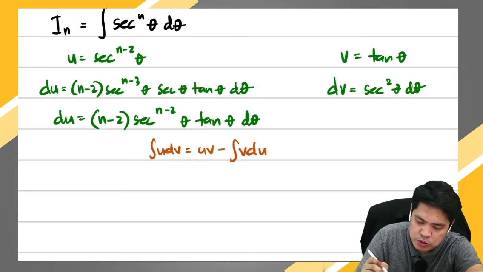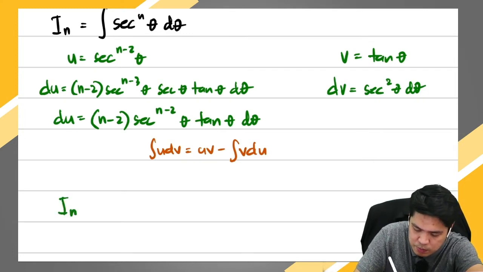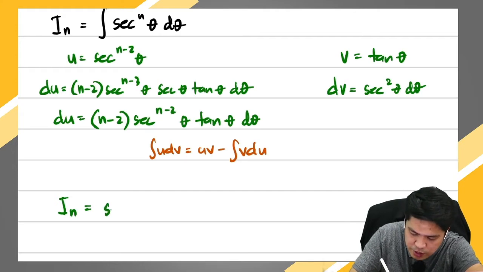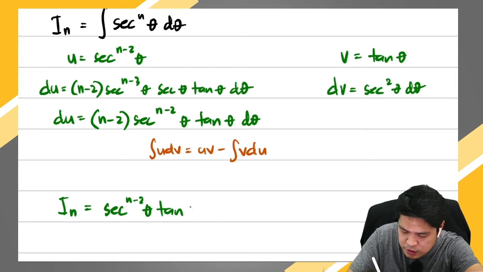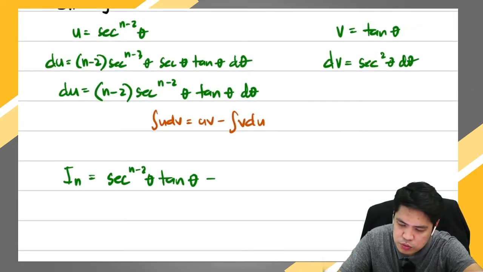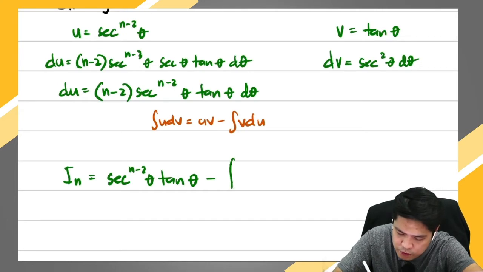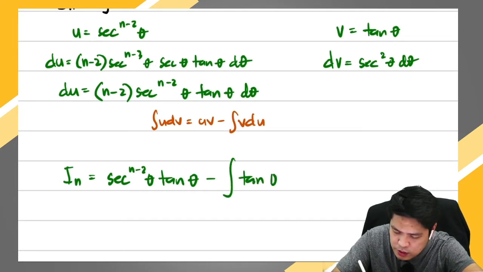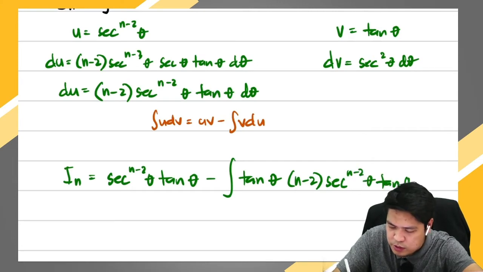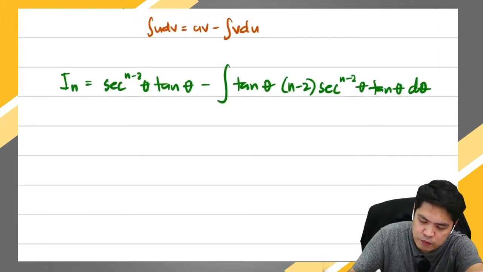So, substitute na tayo, we'll have I sub n is equal to uv. So, we'll have secant raised to n minus 2 theta tangent theta, then minus v du. So, v du, we'll have tangent theta times n minus 2 secant raised to n minus 2 theta tangent theta d theta.